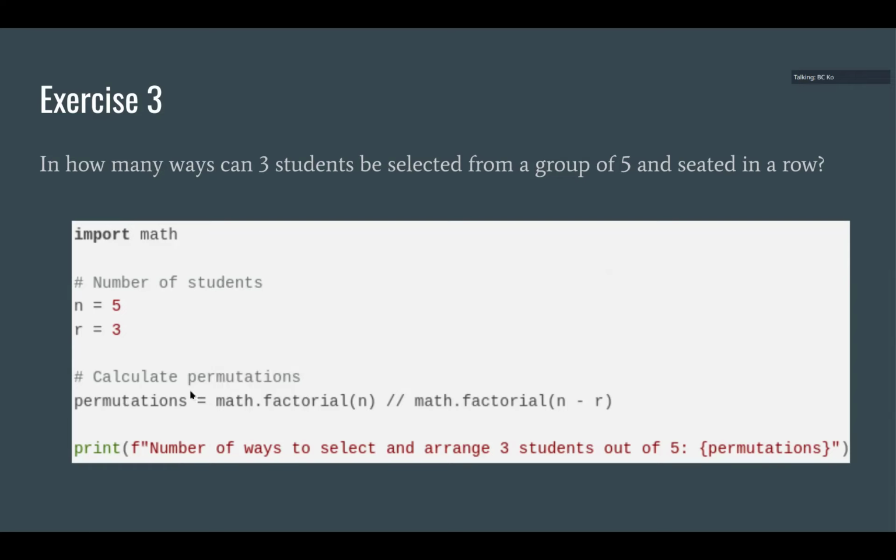So here is the code. You first define the number of students n as 5 and the number of students to arrange r as 3. And you can use this formula, n factorial divided by (n minus r) factorial, to compute the number of ways to select and arrange 3 students out of 5.